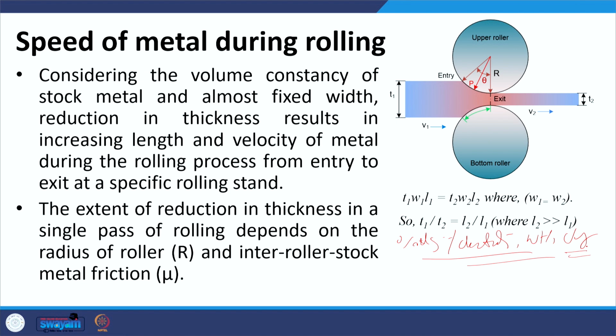So, theoretically there are three aspects. One is the friction coefficient, radius of rollers and the material properties. These three will be dictating the maximum reduction in the thickness that can be realized through the rolling in one pass.